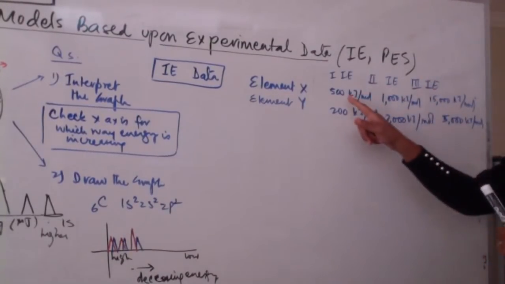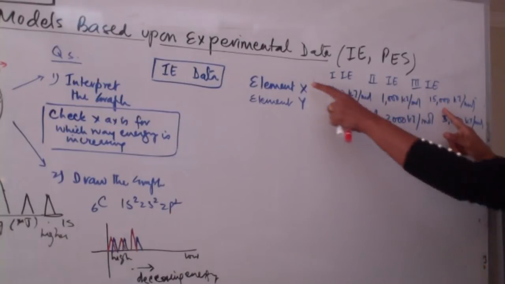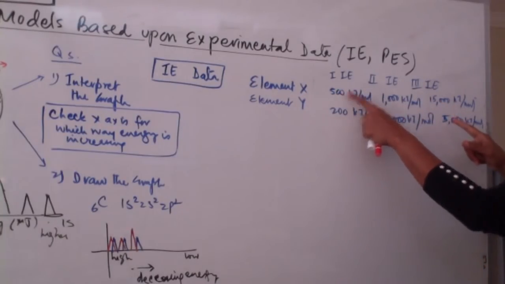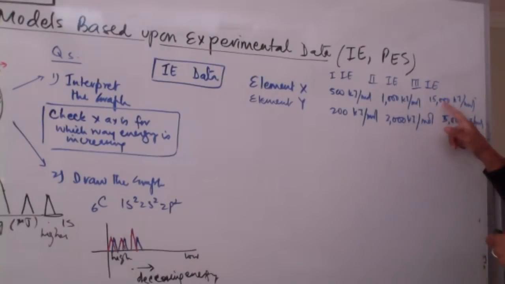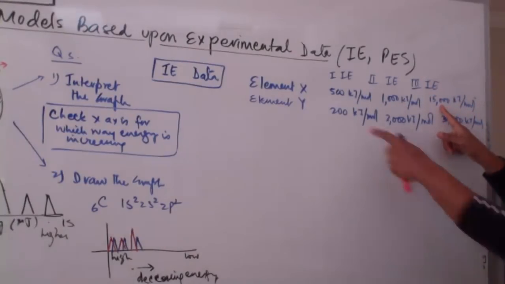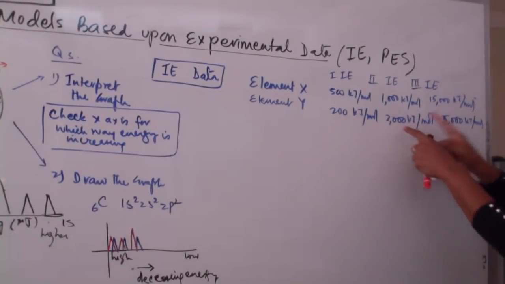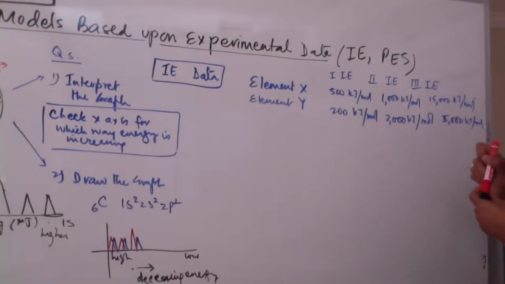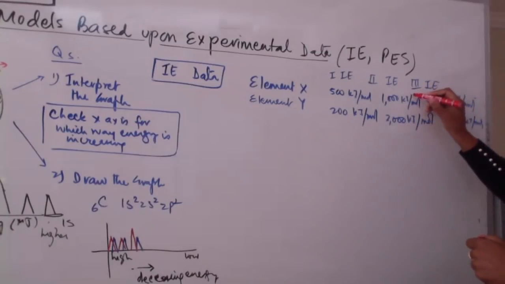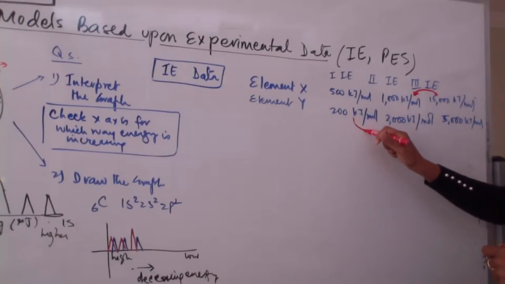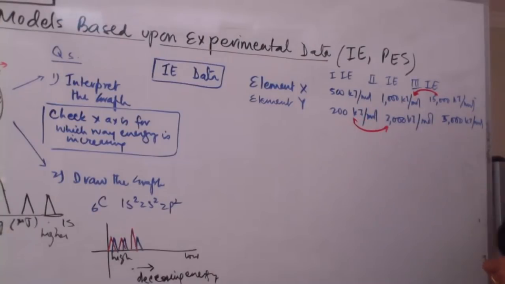Okay. So you will see that at some places, as you analyze the data, for element X, this is 500, this is 1000, and the third jump is certainly very much higher, 15,000. Here it is 200 and 2000 and 5000. So we can safely say that there is a huge jump between second and third ionization energies here, and a huge jump between first and second ionization energies here.